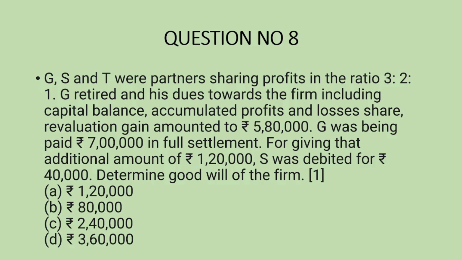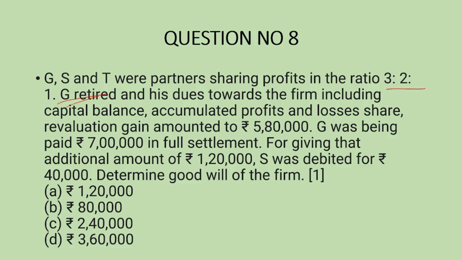G, S, and T were partners sharing profits in the ratio 3 is to 2 is to 1. G retires, so one person moves out, and all his dues towards the firm, including capital balance, accumulated profits and losses, and share of revaluation gain, amounted to rupees 5,80,000.